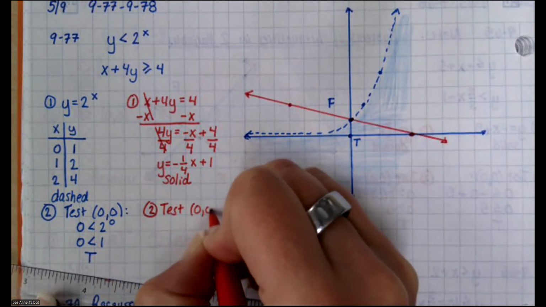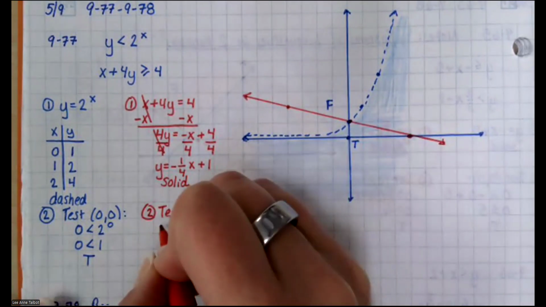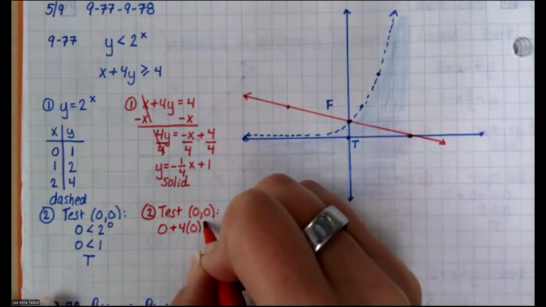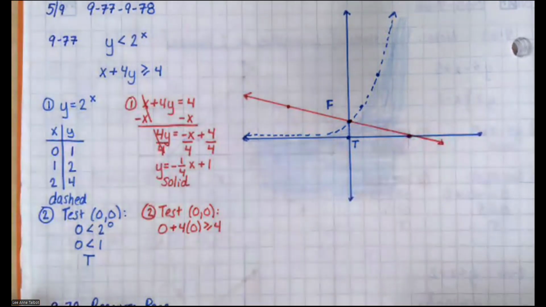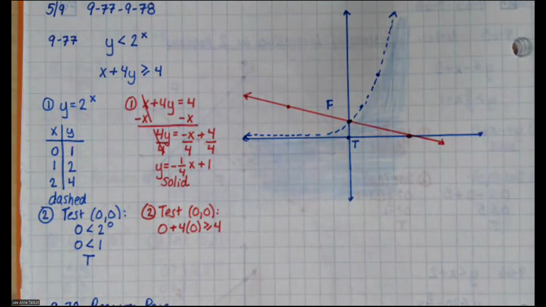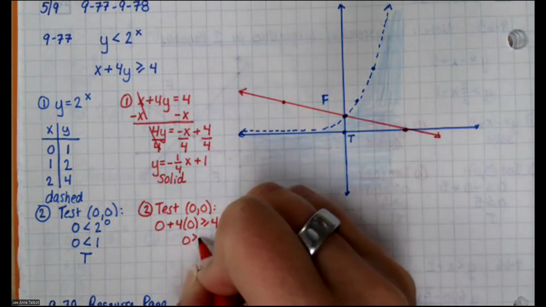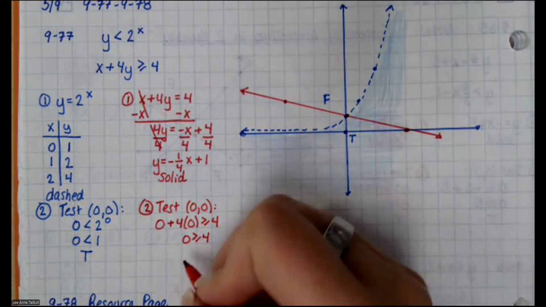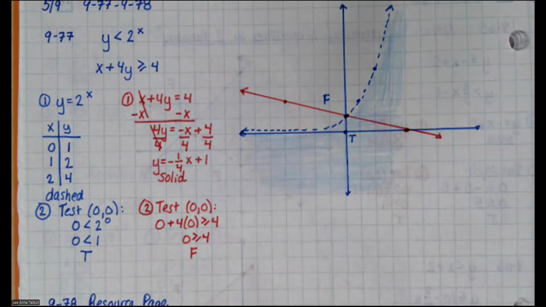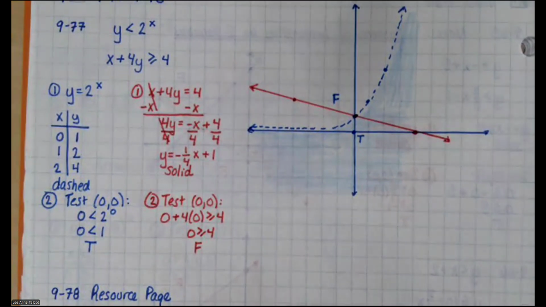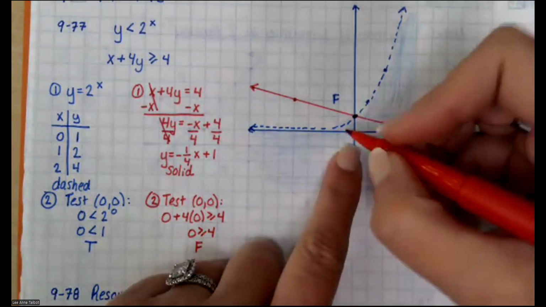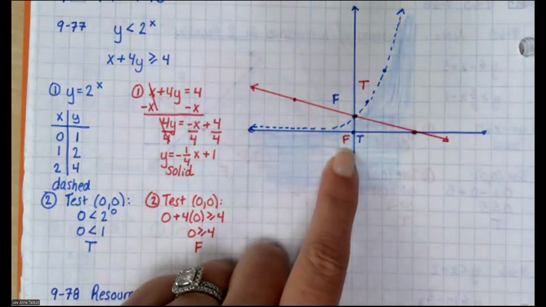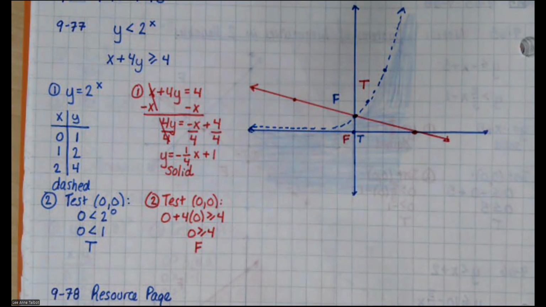Did anybody do it already? Okay, so this time it's false at 0, 0 and true on the other side.